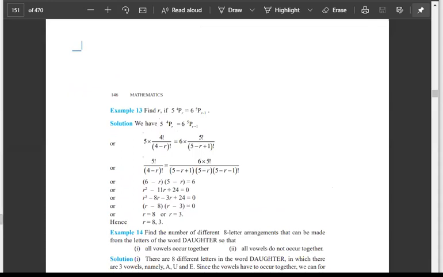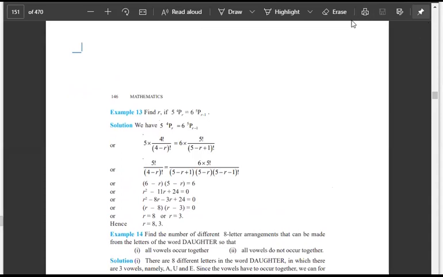This is based on the first thing that you should ask yourself: is it based on permutation or combination? Think about it. Tell me, permutation or combination? Yes, very good. Permutation, because it is arrangements. Whenever it is arrangements, it's permutation.